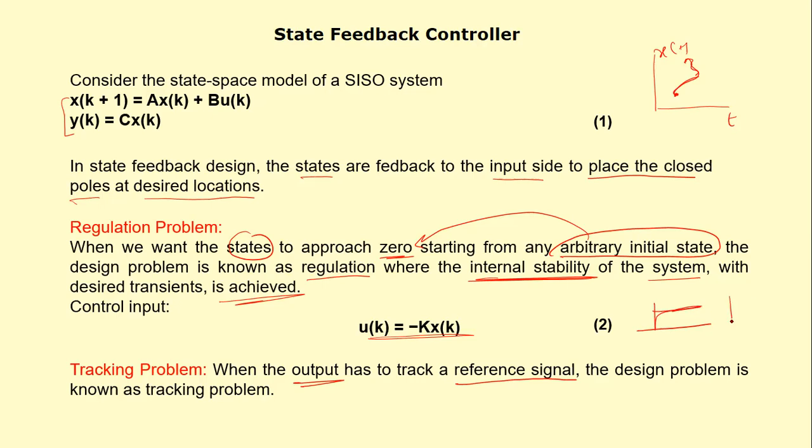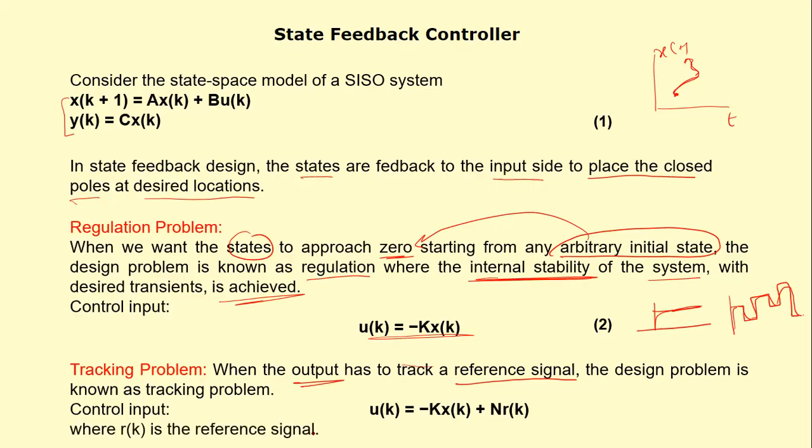Or you can say if the reference signal is changing with time, the response should also change, right? So this problem is known as the tracking problem, and the control algorithm that is used for this problem is given by this equation, where r(k) here is the reference signal.